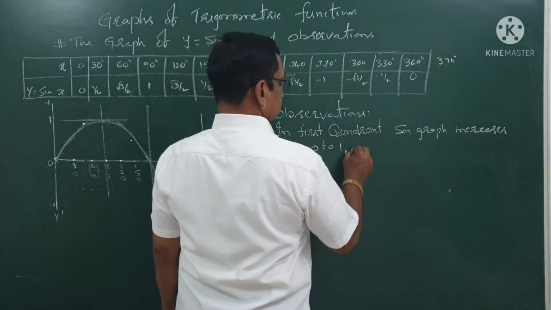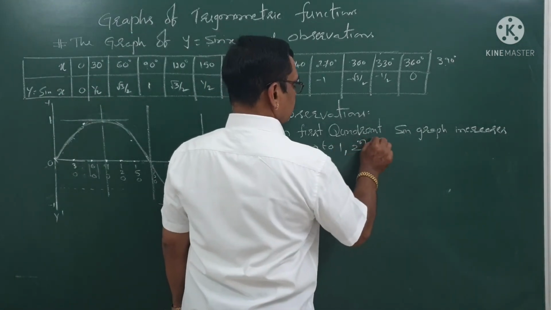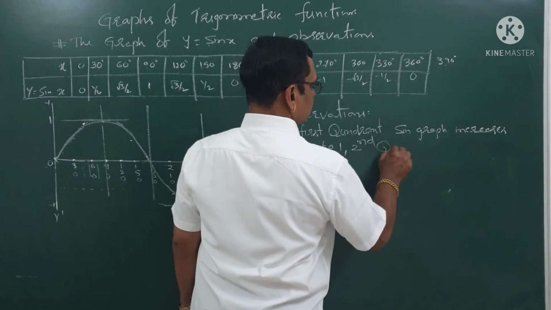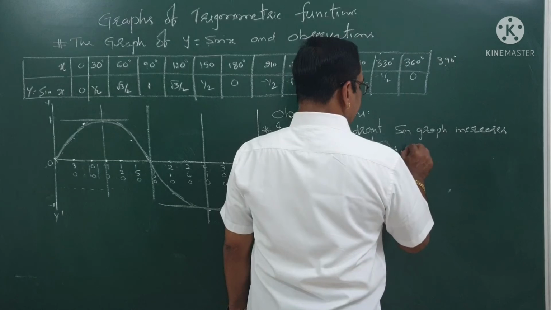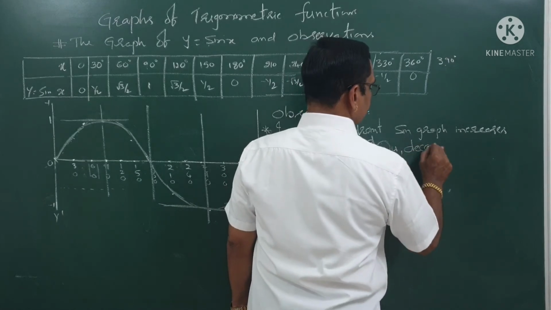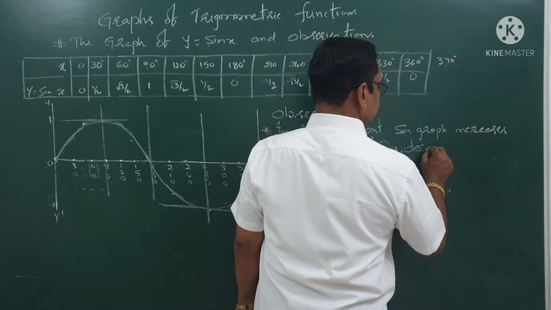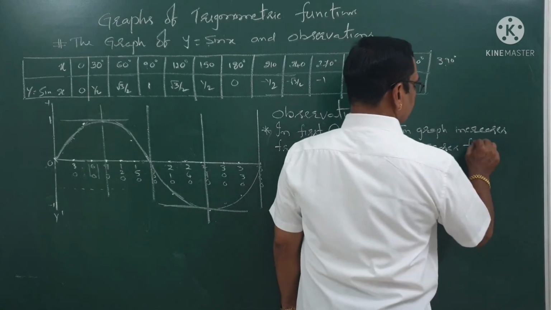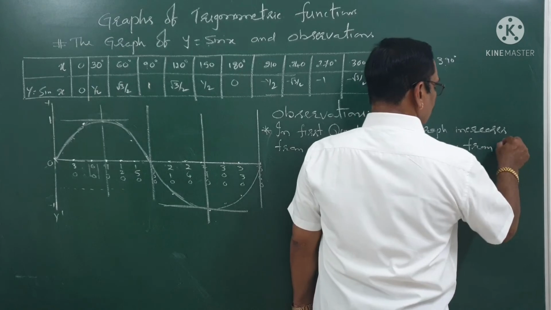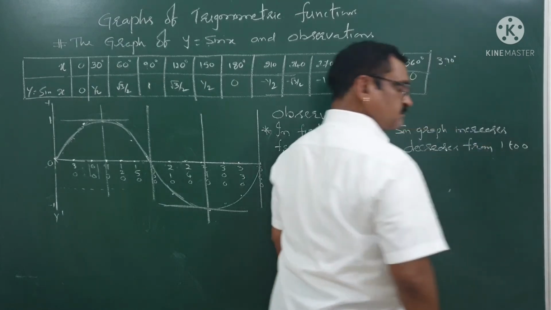In the second quadrant, the same graph decreases from 1 to 0.